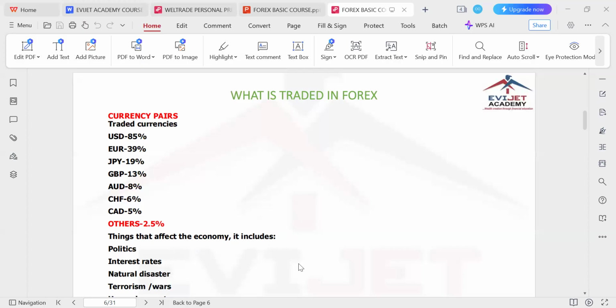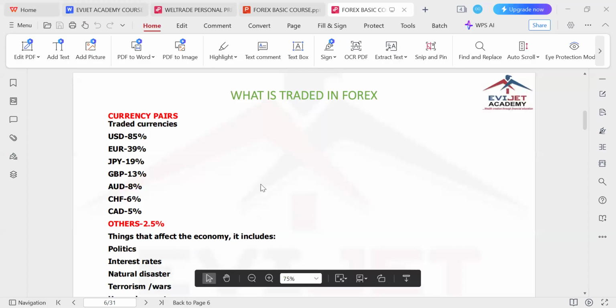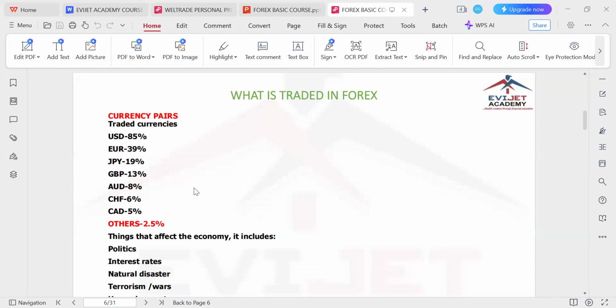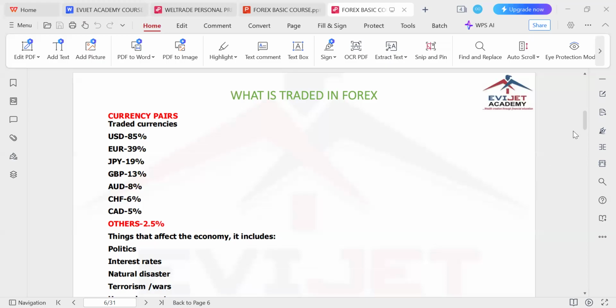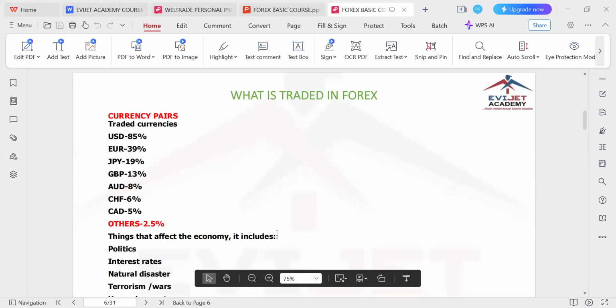Okay, so now there are things that affect the currency market, that make the price fluctuate, go up and down and all of that. So what are these things? Now, things that affect the economy include politics. We just finished the US election and Trump won. For those of us who have been in the market, we know exactly what has happened.